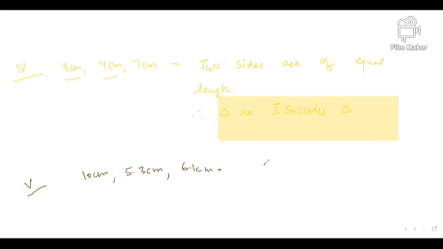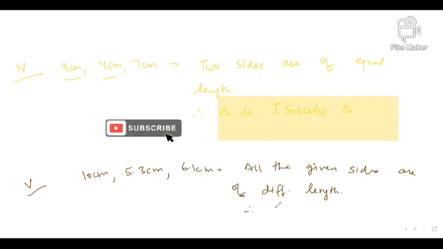So we can see all the given sides are of different length. Therefore, this is scalene triangle.